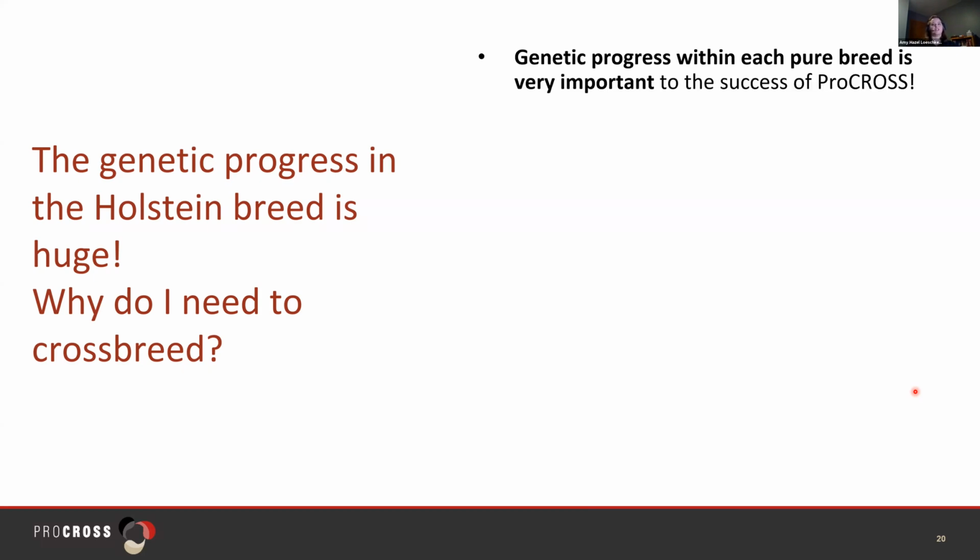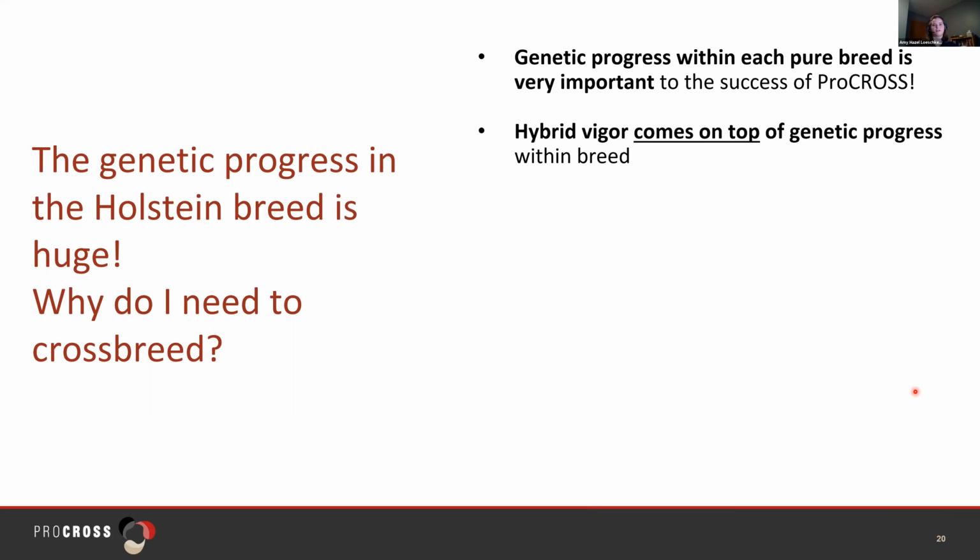Yeah, so genetic progress within each of the pure breeds is very important. If we have a breed that's not making genetic progress, we really should discount them from our consideration, because crossbreeding relies on three things. It relies on good merit within breed, it relies on the hybrid vigor, and it relies on good management, all three of those ideas, okay?